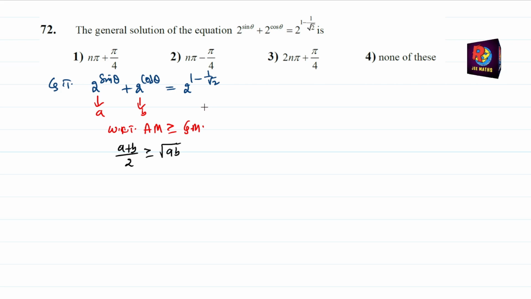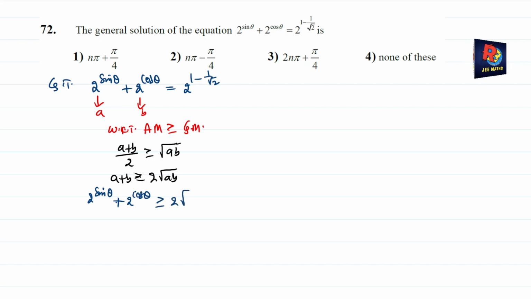Now I can write these values: A plus B is greater than or equal to 2 into root AB. Now if I substitute, we assume A is 2 power sin theta and B is 2 power cos theta, so the sum is greater than or equal to 2 into root of 2 power sin theta into 2 power cos theta.